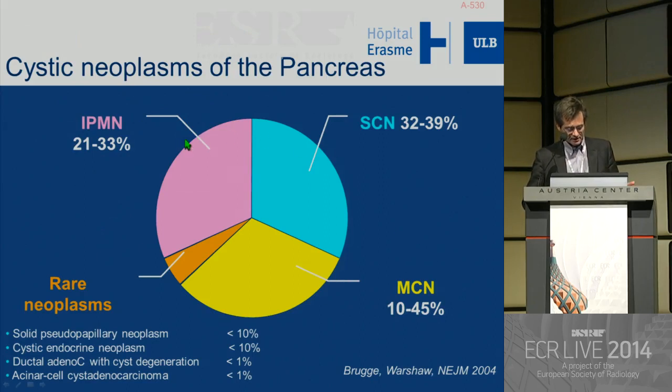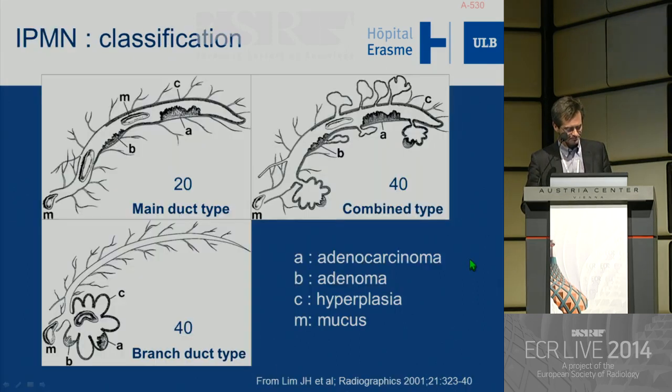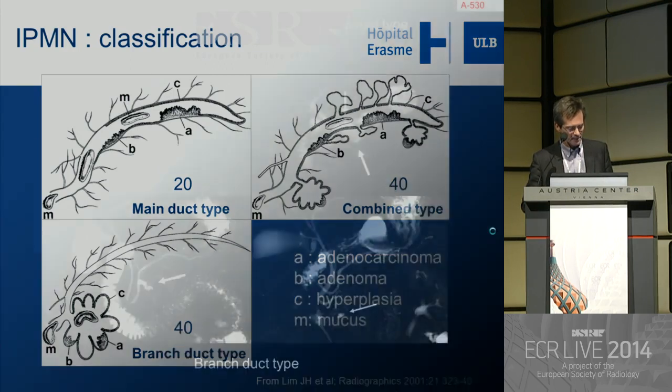It's a very common disease if you are addressing cystic neoplasms of the pancreas. Indeed, IPMNs and serous cystadenomas are the most frequent cystic lesions, along with mucinous cystic neoplasms. You have, of course, this stepwise evolution from hyperplasia to adenocarcinoma, particularly when the lesions involve the main pancreatic duct.